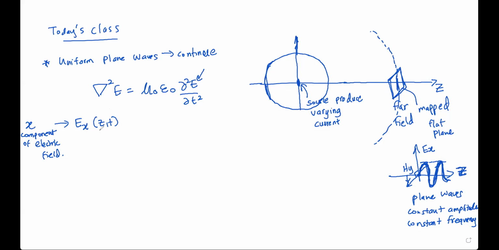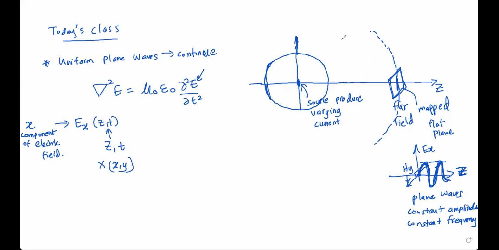We are going to take the assumption that the component of the electric field is only varying according to the z coordinate and the time coordinate. The electric field component Ex does not vary along the x or y directions. That means the value of the electric field does not vary along the x coordinate axis or the y coordinate axis.